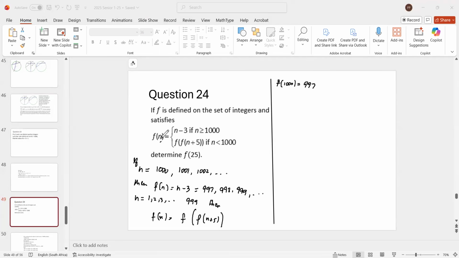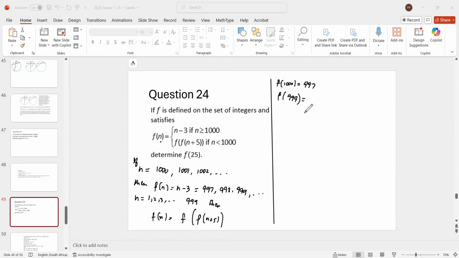So if n is 1,000, then it's 1,000 minus 3. But I want to see f of 999. I might be able to get that because you're going to increase this n by 5, and that will take it across 1,000.